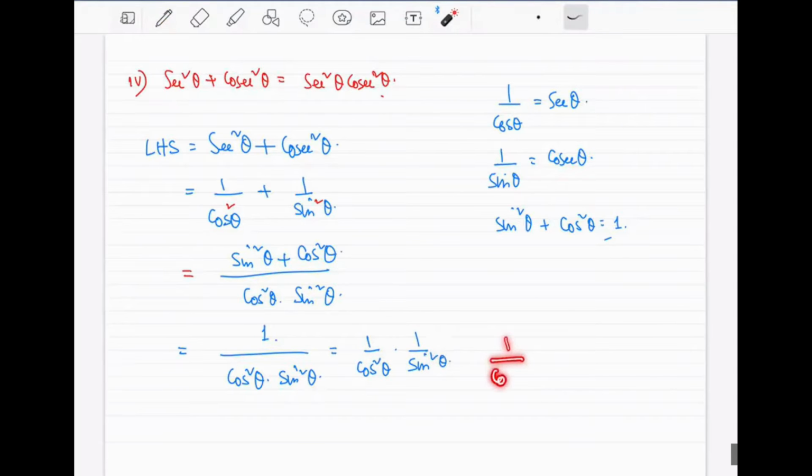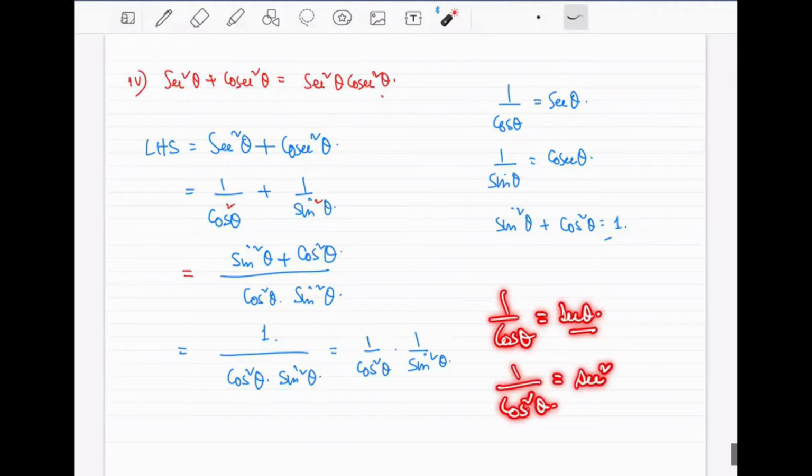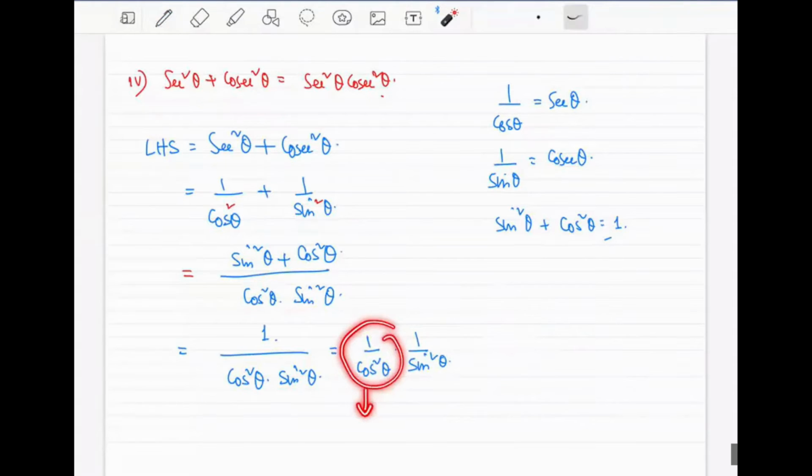We will have 1 by cos theta. 1 by cos theta is equal to what? Sec theta. If there is a square, then we will write a square. If you write 1 by cos square theta, then we will write 1 by sec square theta. Same thing for sine square theta. For this one, you know that we have obtained sec square theta. For this one, we will obtain cosec squared.